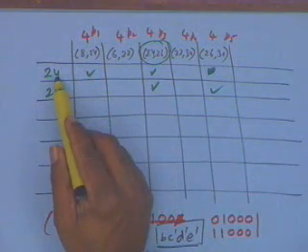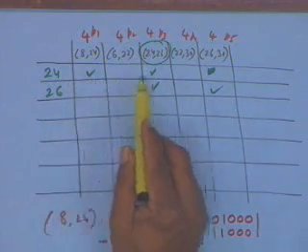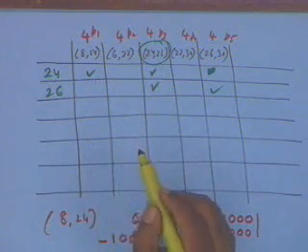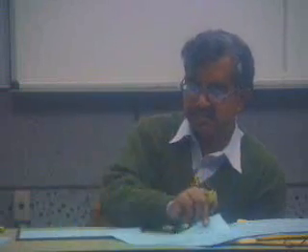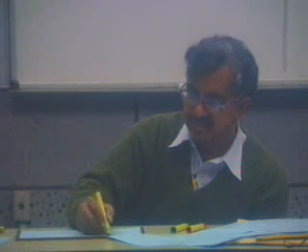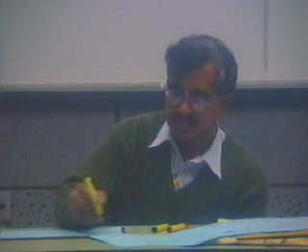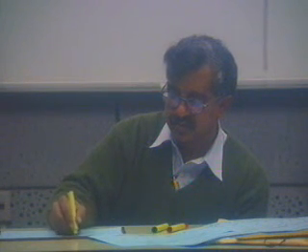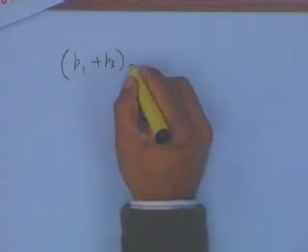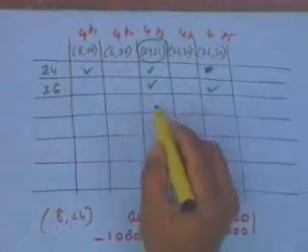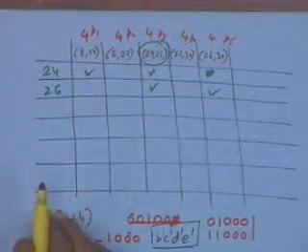To include 24 I have to have either P1 or P3. And to include 26 I have to have either P3 or P5.